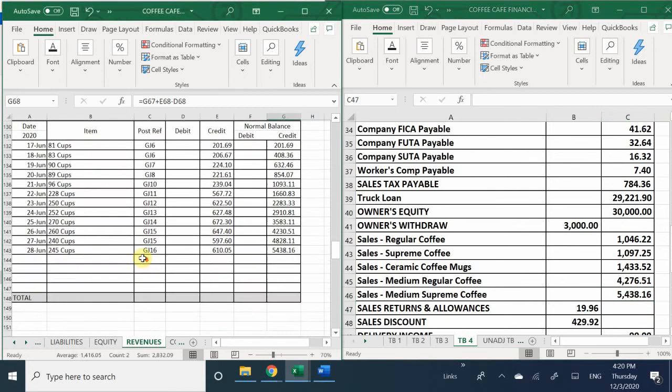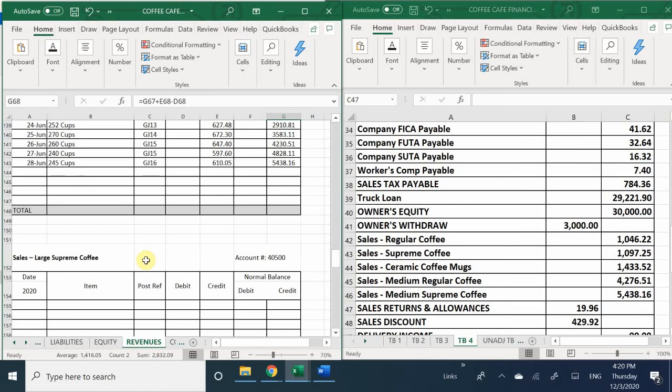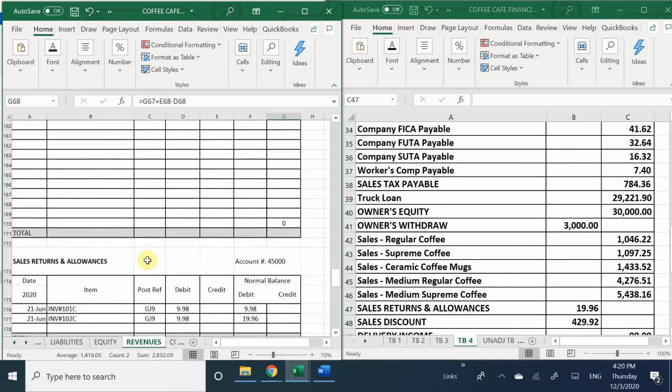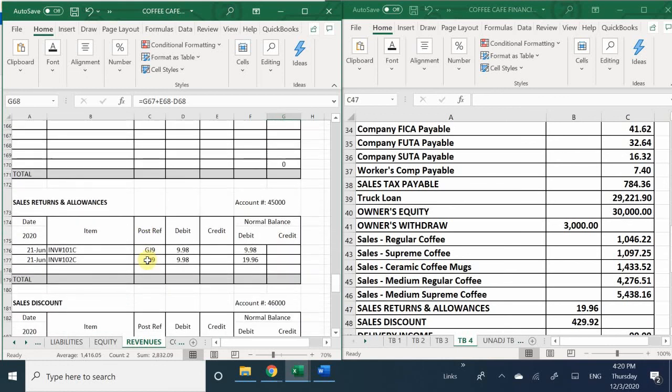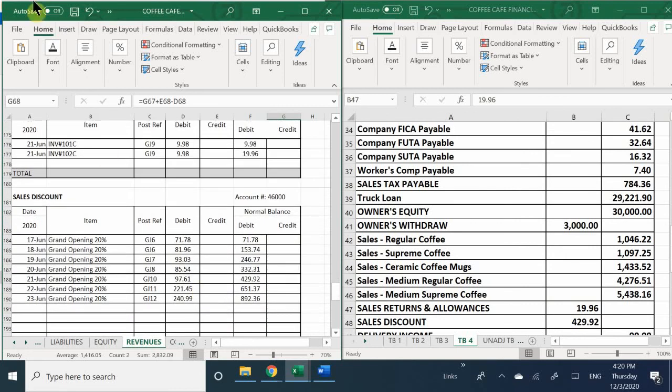All right. How about our sales returns and allowances? Still the same. Okay, good. No changes there. All right. What about our sales discount? That has changed. That's now $892.36.